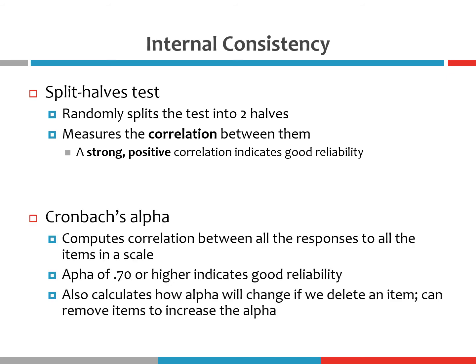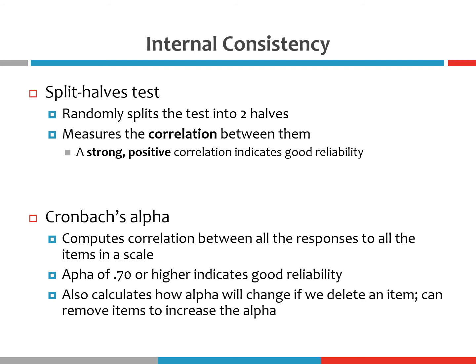Okay, another way that we can determine that the questions we've chosen for our test are all measuring the same construct is we can compute a statistical index called Cronbach's alpha. What Cronbach's alpha does is it computes the correlation between all of the responses to all of the items in the scale.